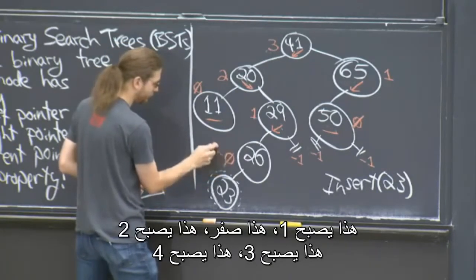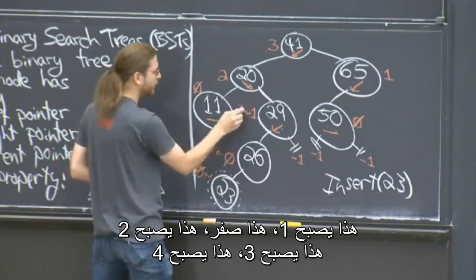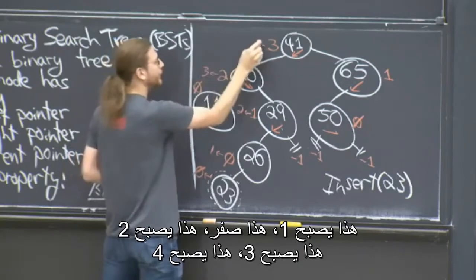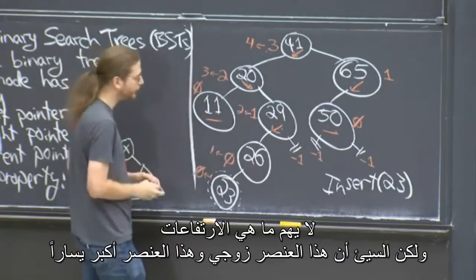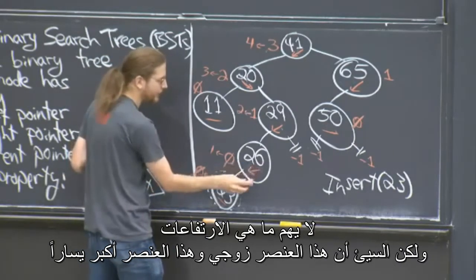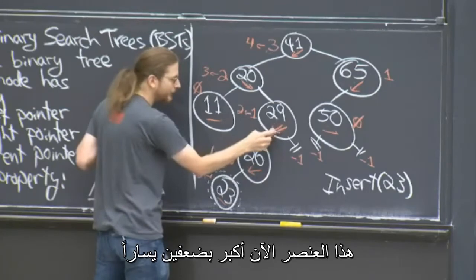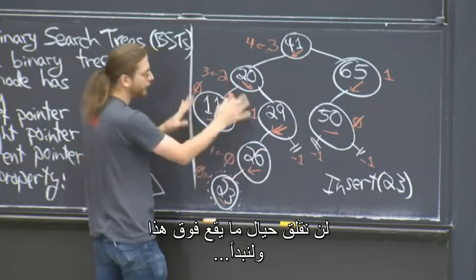This one changes to 1. This is 0. This changes to 2. This changes to 3. This changes to 4. Anyway, never mind what the heights are. What's bad is while this guy's even, this guy's left heavy, this guy is now doubly left heavy. Bad news.